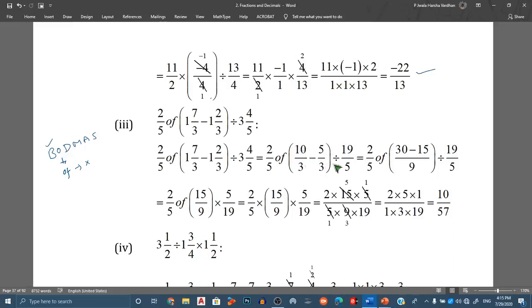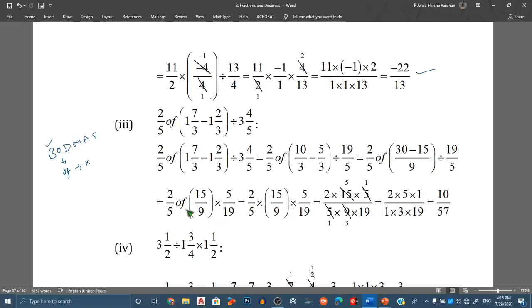So 10 minus 5 is 5 by 3, which is 15 by 9, converting this division into multiplication into 5 by 19. I am writing it in the next step.